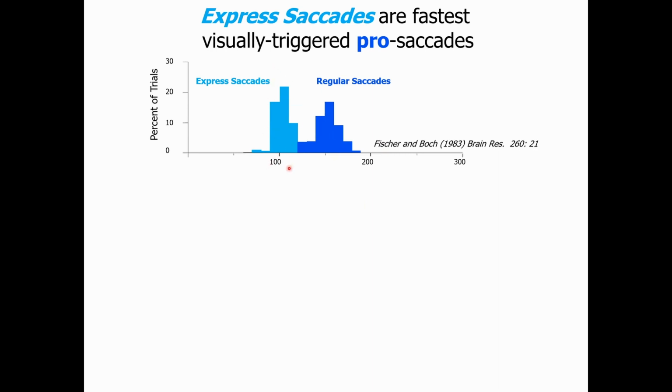And he identified this early peak that he called express saccades, and then a later peak he called regular saccades, kind of akin to if you're sending a letter in the mail, you can send it by express post or regular post. And the express saccades come out here really fast, 90 or 100 milliseconds.